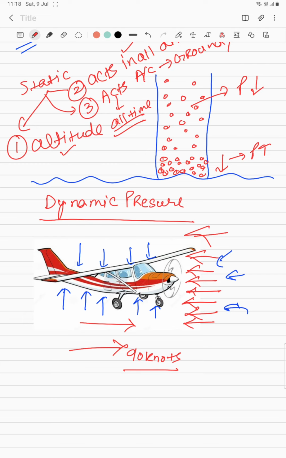Also guys, what is dynamic pressure? When the aircraft was not in motion, the air molecules were not disturbed.